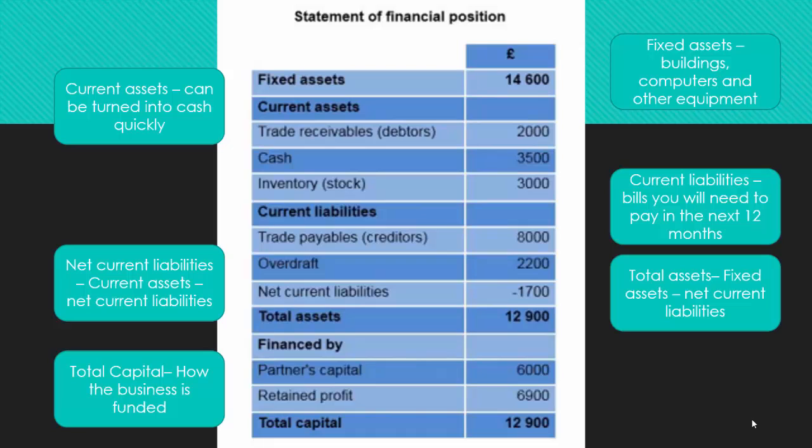something the business can count on. Cash, obviously that is an asset, that is something that you own, so you can do whatever you want with that amount of money, and you don't need to turn it into cash. It already is cash. The other current asset is inventory or stock. So again, thinking of that example, all the tins of beans, all the loaves of bread, all the fruit and veg, the business expects to be able to sell that within the next 12 months, and therefore that is the inventory and stock, and that's another current asset.